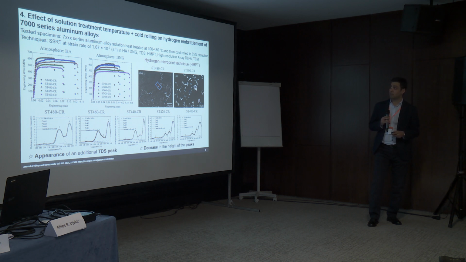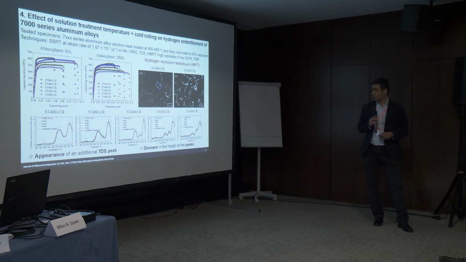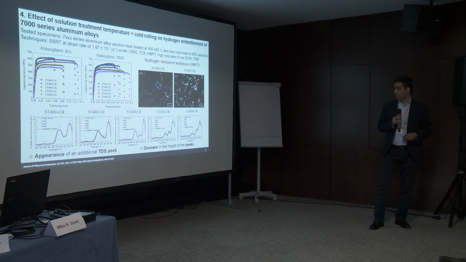And also in the other one, we look at the effect of the different mixture of the solution treatment and cold rolling in the 7000 series. We know that this is the category of the high strength series of aluminum alloy, and then we saw that, again, with the changing of the solution treatment plus cold rolling, we have a change in the partitioning of the hydrogen inside the material, and then the appearance of an additional peak.